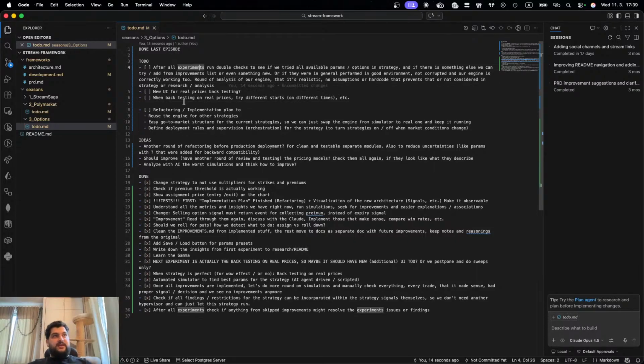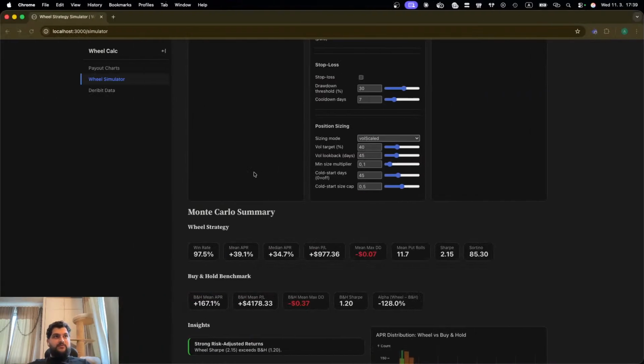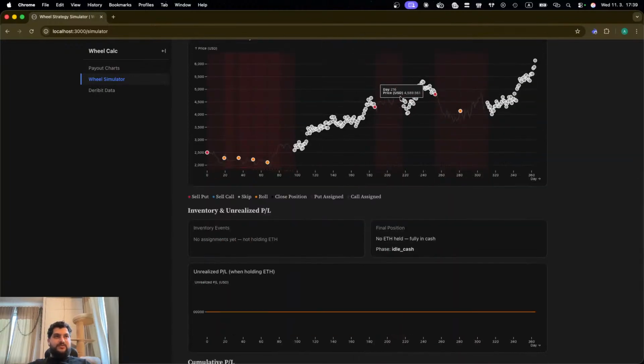I think we definitely can do a round of code review by multiple models of our setup, just to make sure that we were not running everything on the wrong assumptions. And I really want to make a UI for real backtesting because, of course, we had this UI and we looked at it so many times.